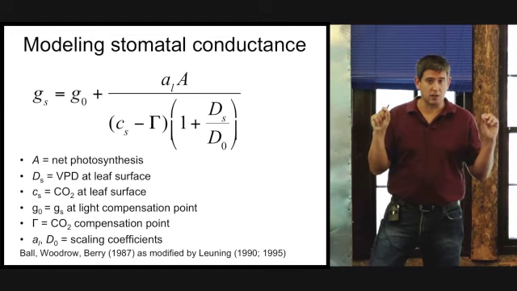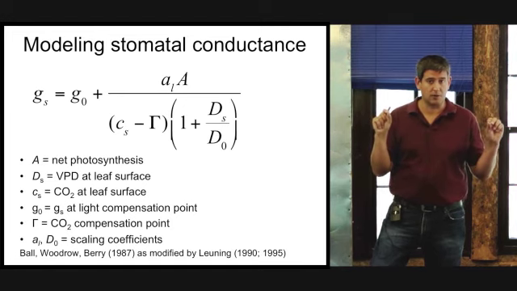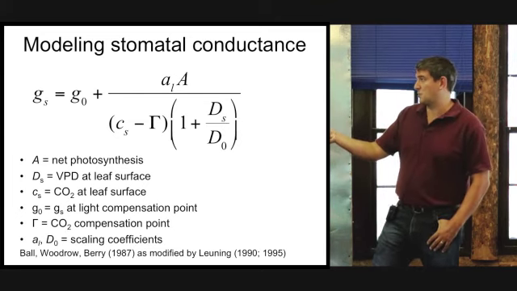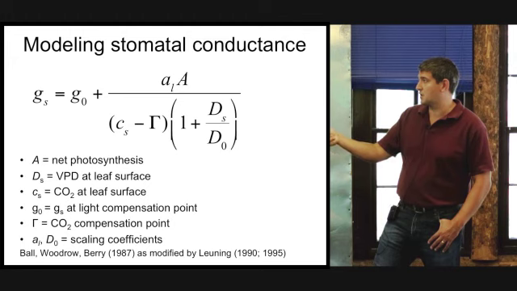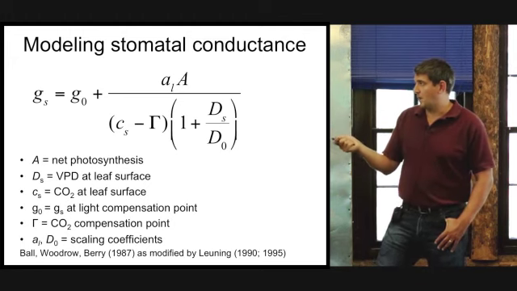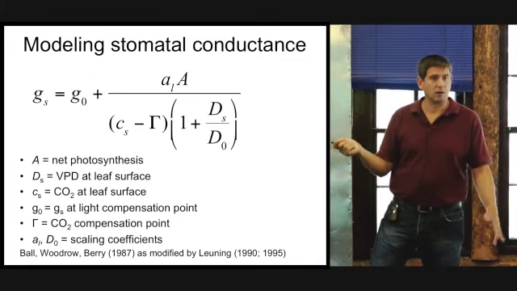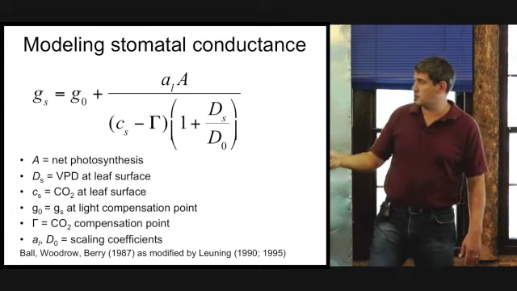Gamma star is the CO2 photosynthetic compensation point, which is just photosynthesis and photorespiration. Basically, stomatal conductance goes up with photosynthesis, it goes down with increasing vapor pressure deficit, and it goes down with higher CO2. So this is the model that's basically used for modeling stomatal conductance.